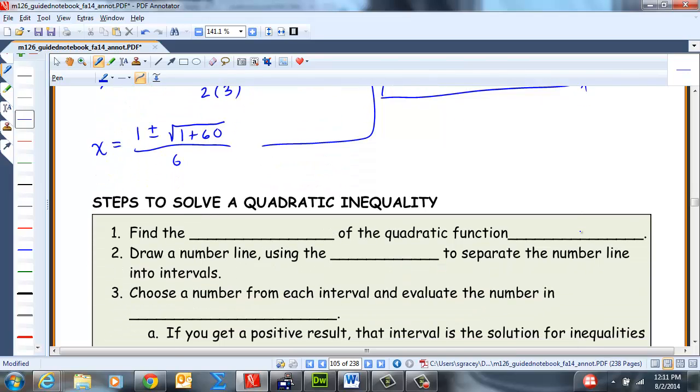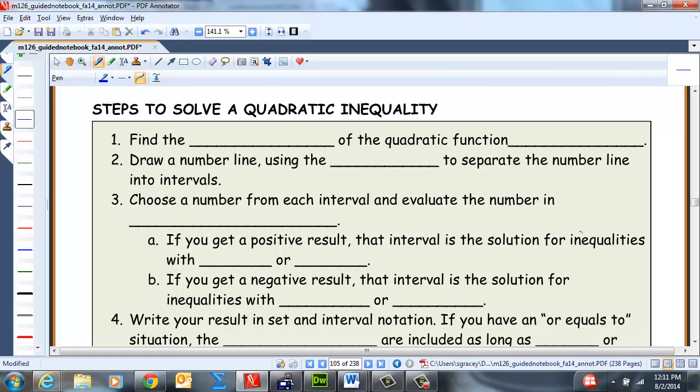So here we go. Steps to solve a quadratic inequality. I'm not sure if we might want to call this 1b and add in maybe a 1a. For 1a, we would want to get 0 on one side of the inequality.